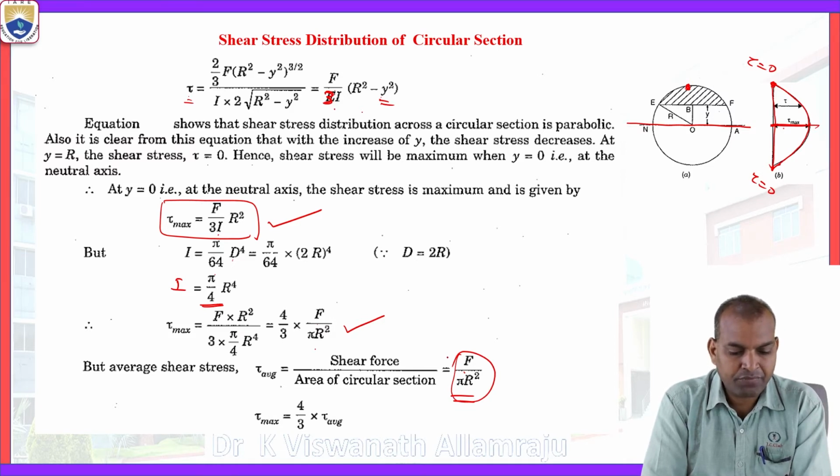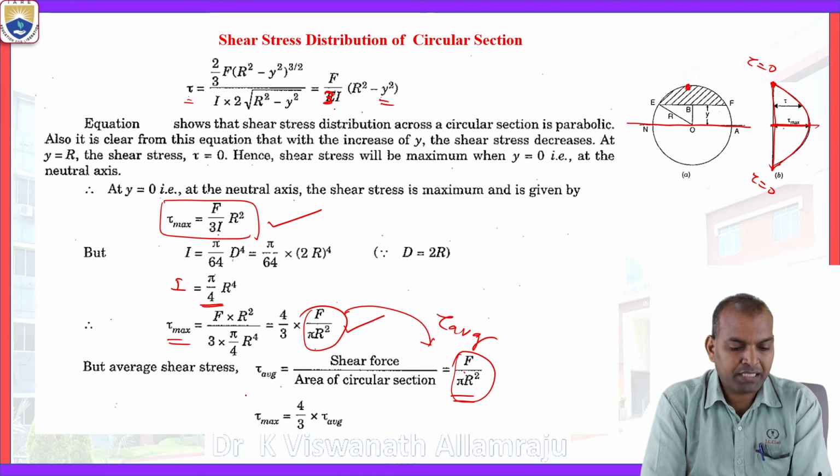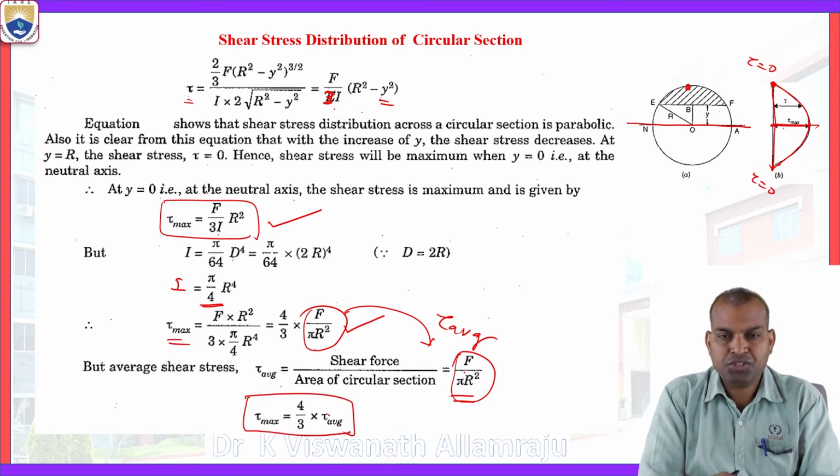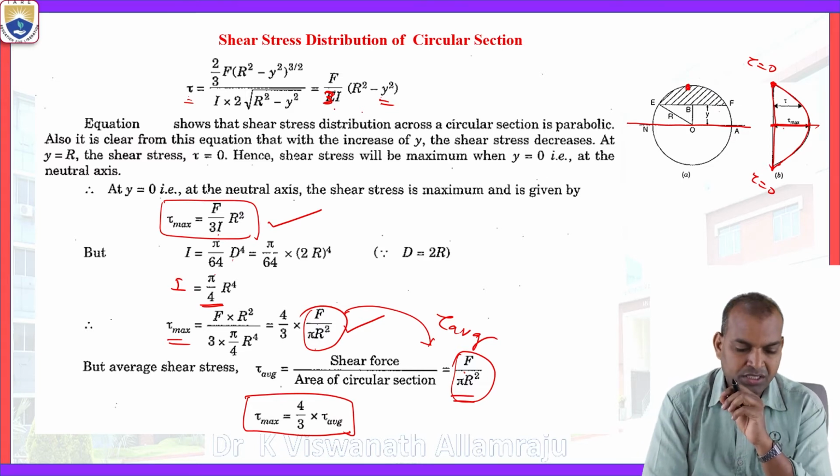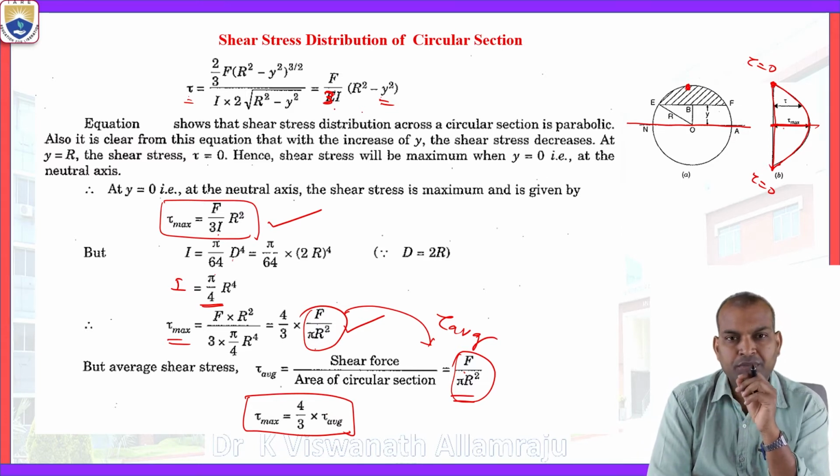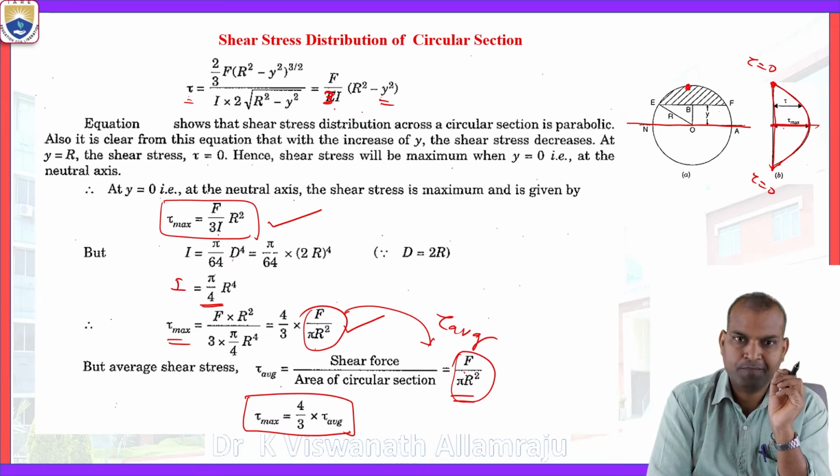Substitute in the tau maximum equation, which is 4/3 times F by pi r square. Now tau maximum equals 4/3 times average shear stress. That means maximum shear stress equals 4/3, or 1.33 times, the average shear stress.